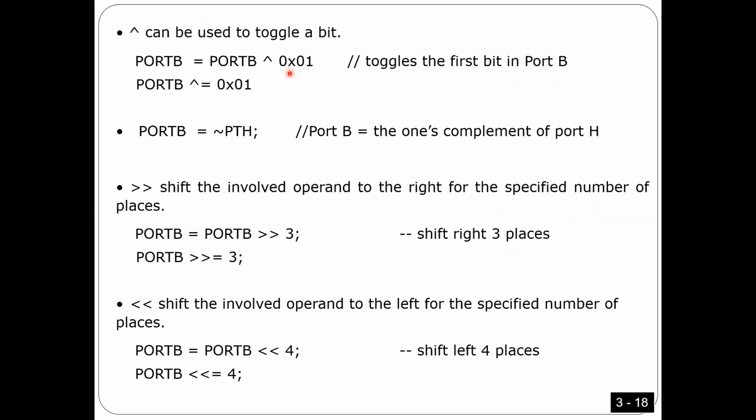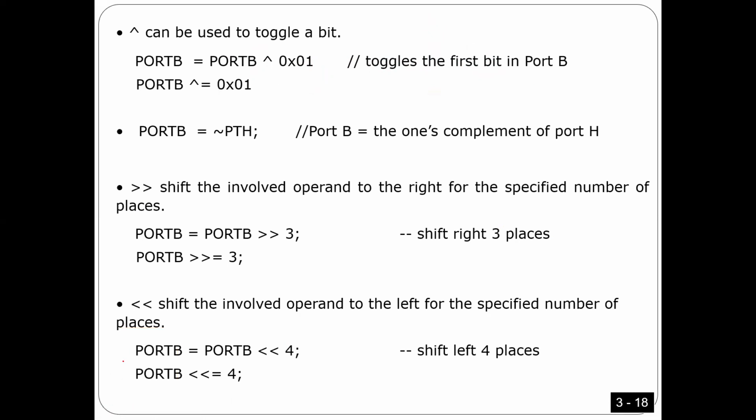Again, this is hexadecimal. So 01 means four zeros and then three zeros and then 1. So this is going to be the first bit, or bit 0. So I'm going to toggle bit 0, right? Because as I said before, in case of XOR, 0 means no change, 1 means toggle.